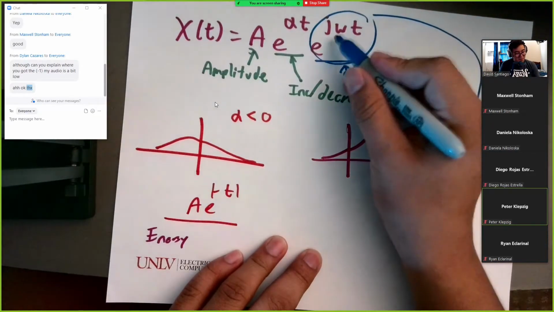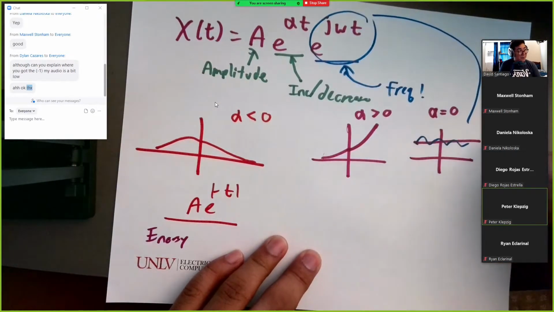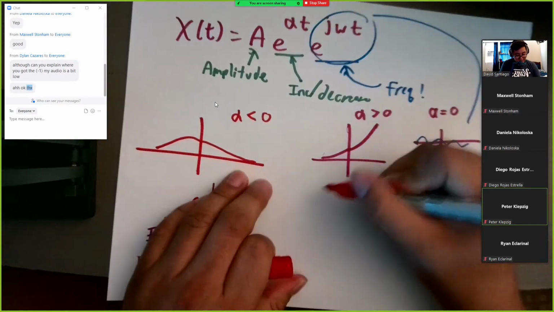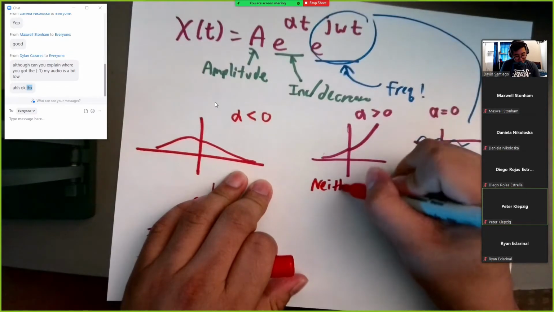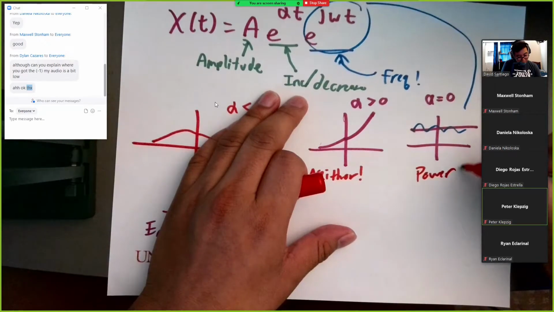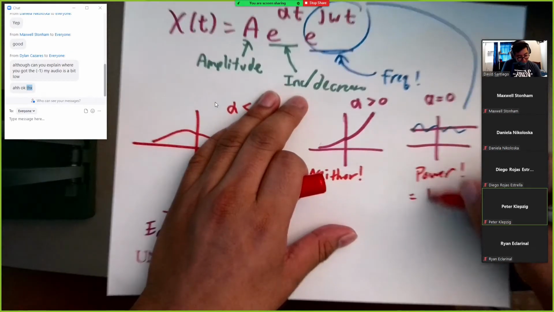Now you can multiply by j omega, and you have a periodic signal, which means you have a power signal. You see how this is making sense now? Let me do this: this is neither, and this is power, which is equal to periodic.